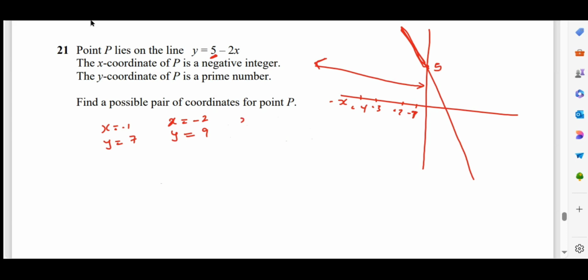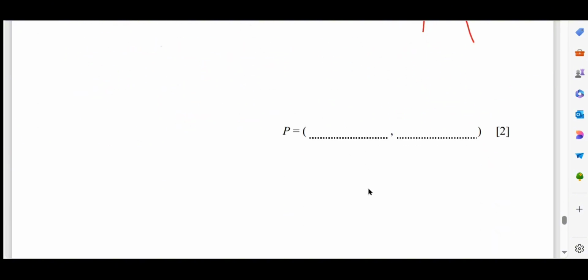When x equals -3, just put your x here. -2 times -3 will give you 6. 6 plus 5 will give you 11. So you can see all the possible coordinates that P can be. We can just pick any one of them here. Okay, so P can be -1.